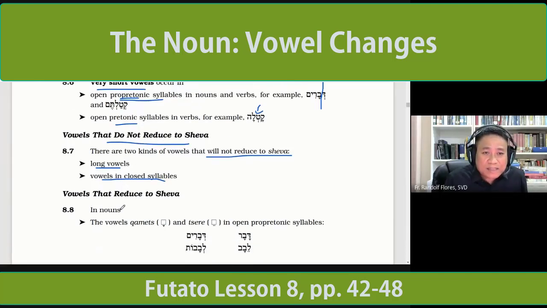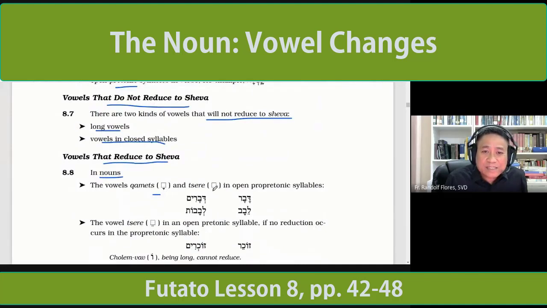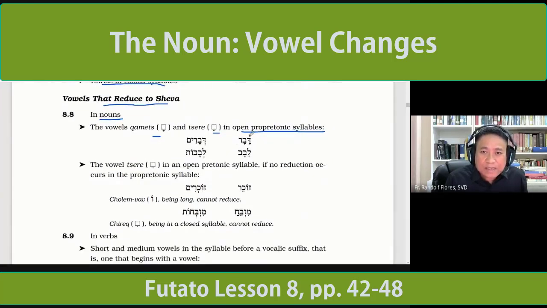Vowels that reduce to shewa: in nouns, the vowels kamets and sere in open propretonic syllables. For example, notice the word in Hebrew is davar. Now, when it becomes plural, it is devarim. Notice the change of vowels.